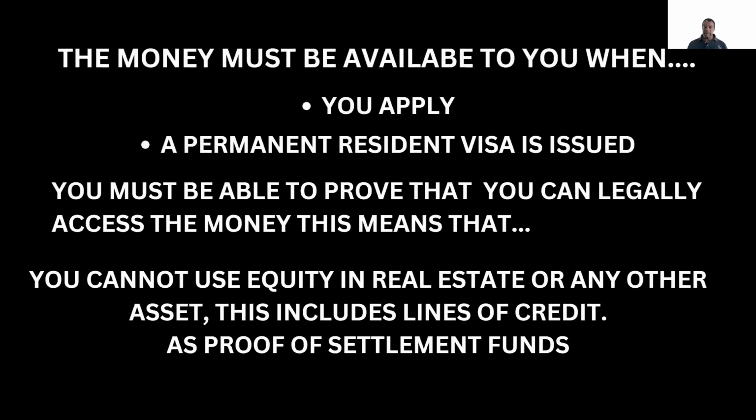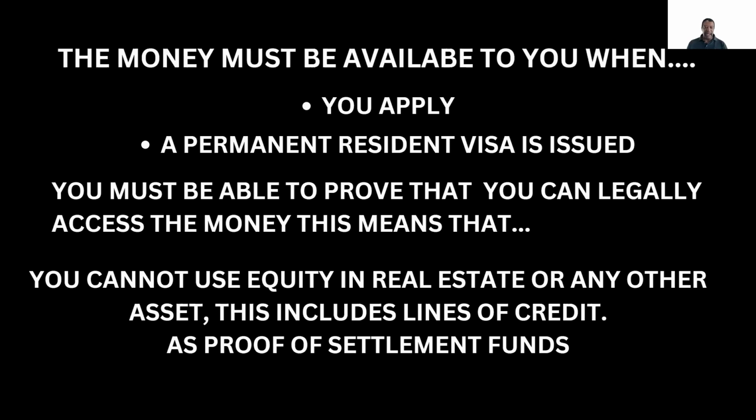The money must be available to you when you apply and when a permanent resident visa is issued. You must be able to prove that you can legally access the money. This means that you cannot use equity in real estate or other assets. For example, if you have a house that you paid 300,000 for, but it's now worth 500,000, you can't use the equity and say, I've got 200,000 pounds or dollars in equity.